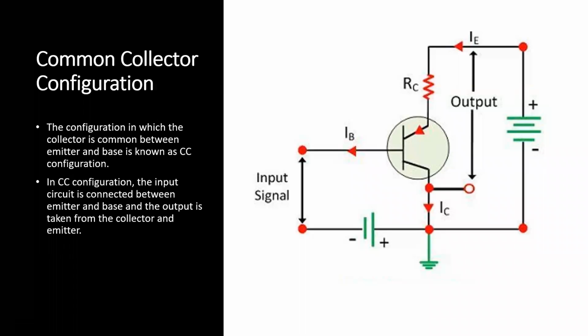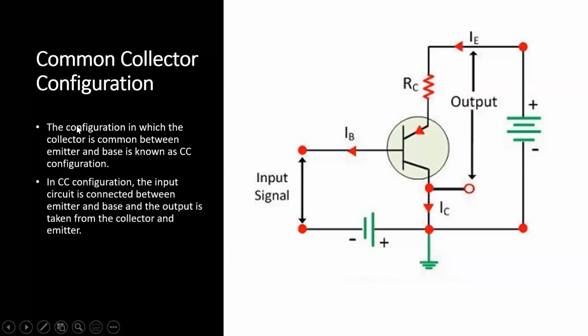PNP. Why? Because the arrow mark always points from P to N. So this should be P, this N, and this P. So it's a PNP transistor. This is the emitter, this is the base, and this is the collector.